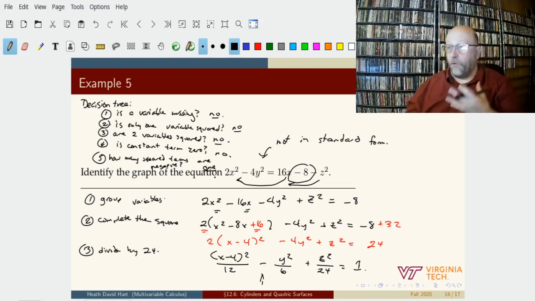And if you remember, the outcome of the decision tree is one negative sign means it's a hyperboloid of one sheet. And so this is a hyperboloid of one sheet. And it opens along the y direction.